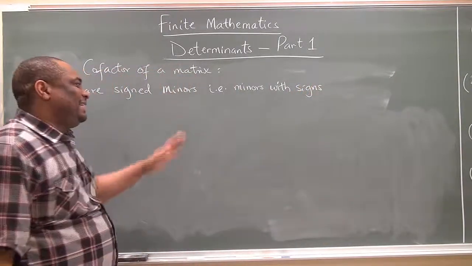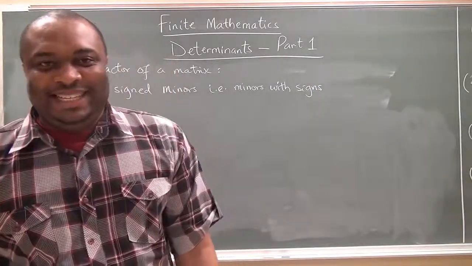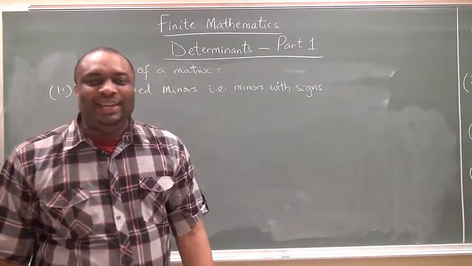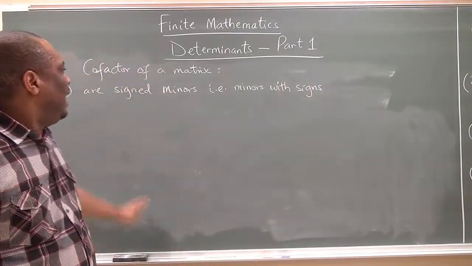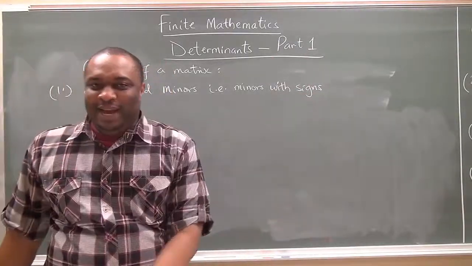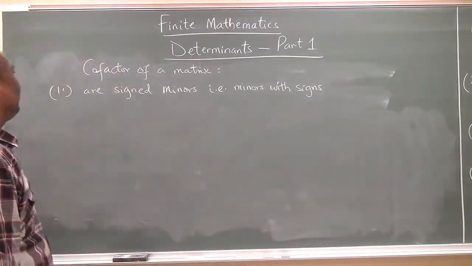Now, this is not minor like somebody who is less than 18 or 19. Generally, less than 19 years is a minor, so this is not the kind of minor we're talking about. We will look at what we mean by the minor.